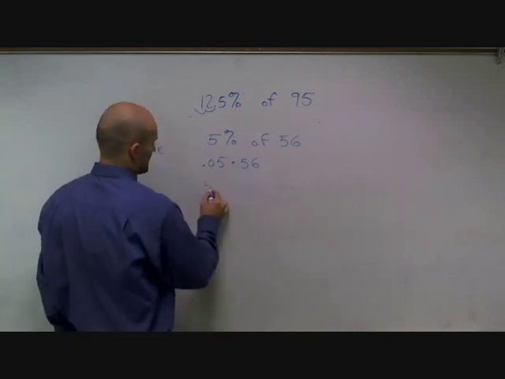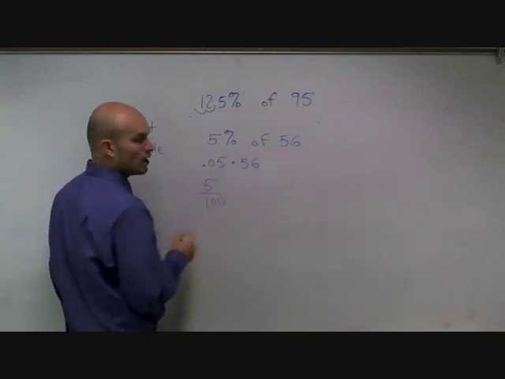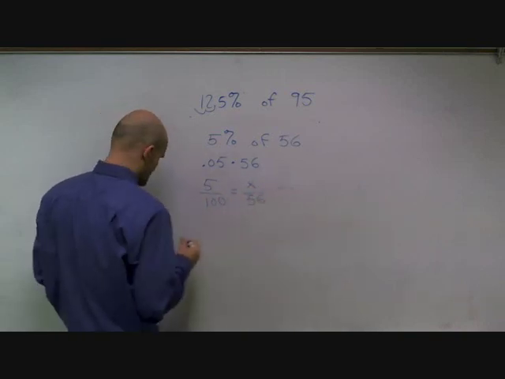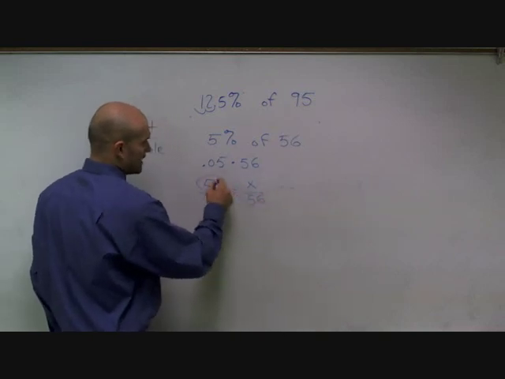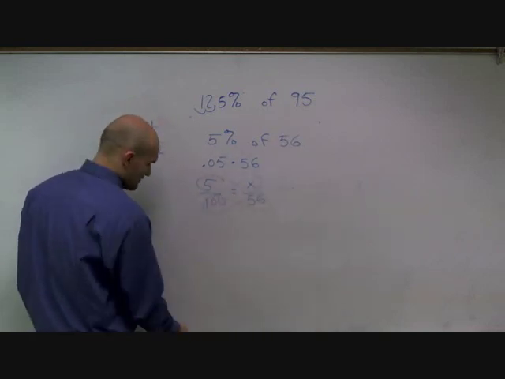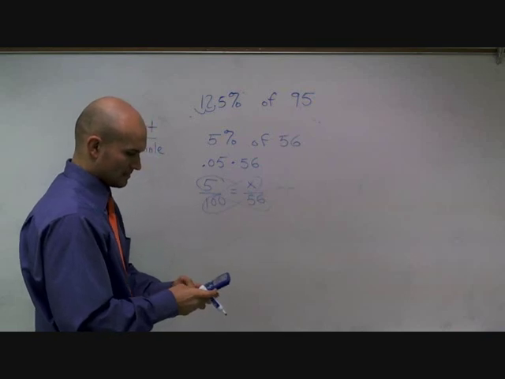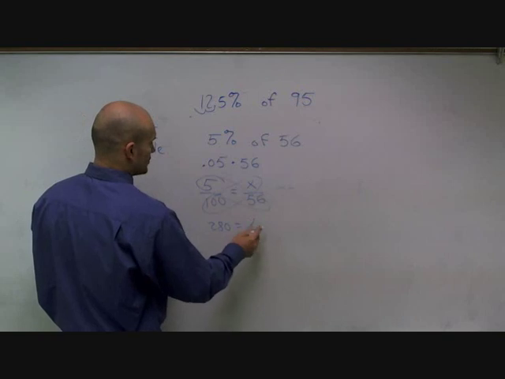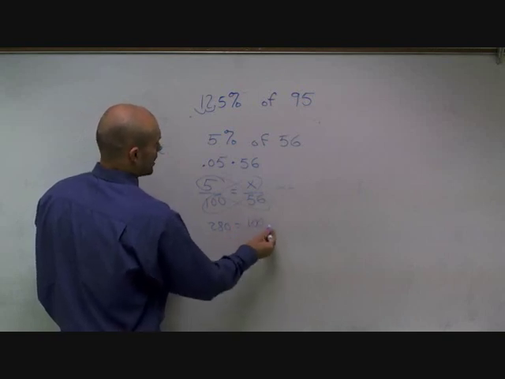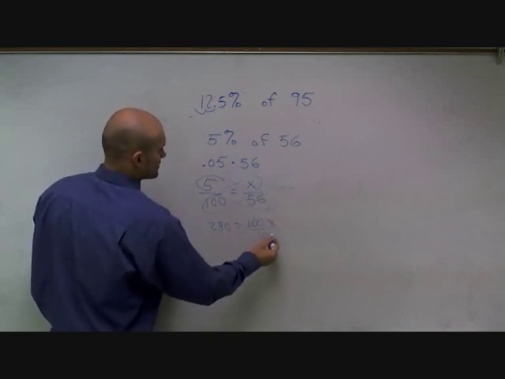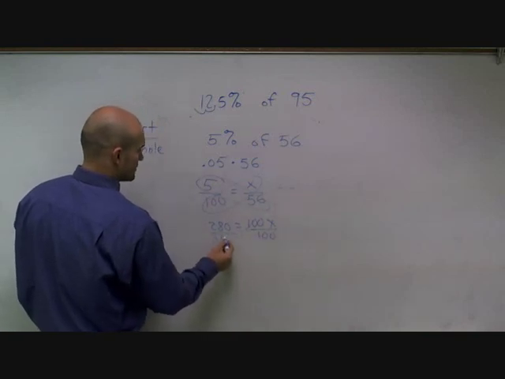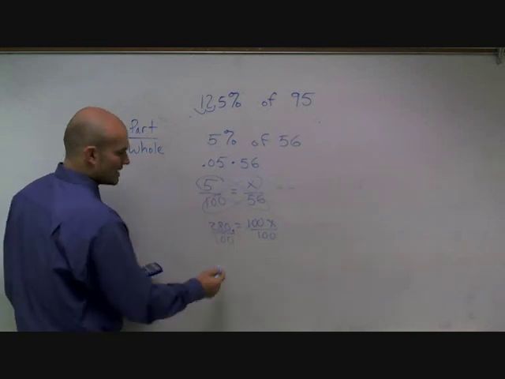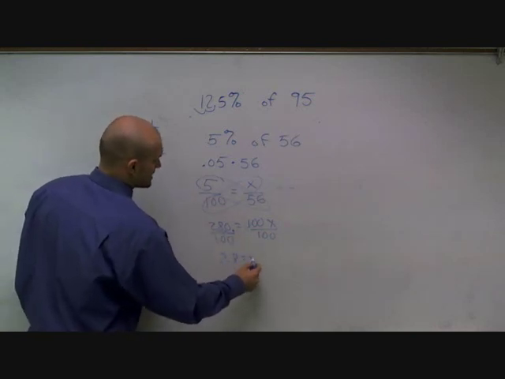Or you could say 5% out of 100 has to equal what number out of 56? Here you would cross multiply: 5 times 56 equals 100 times x, divide by 100. So I just move the decimal point over, and I get 2.8 equals x.